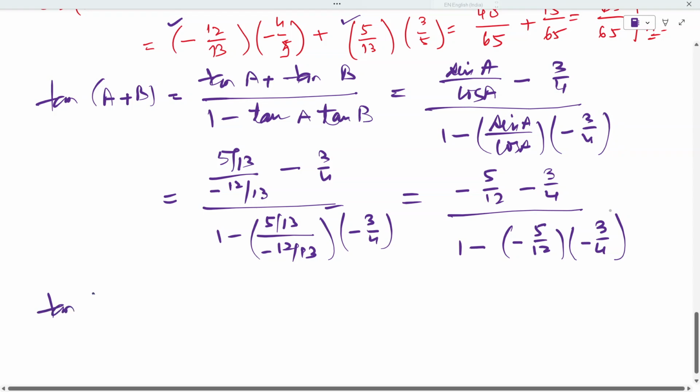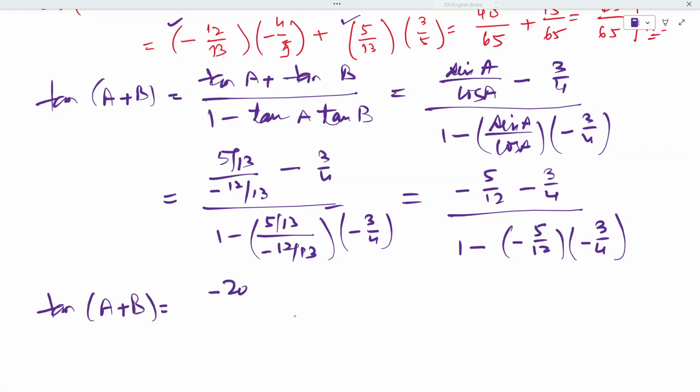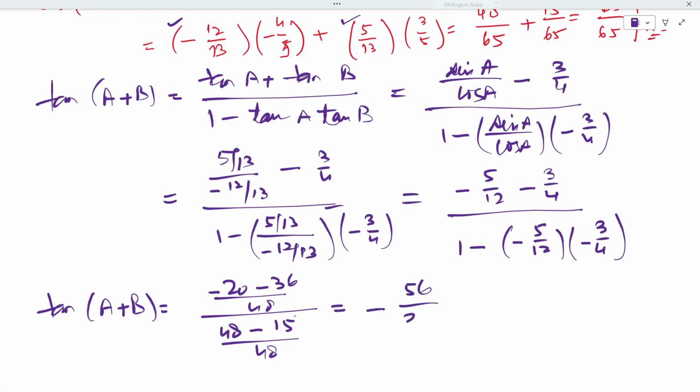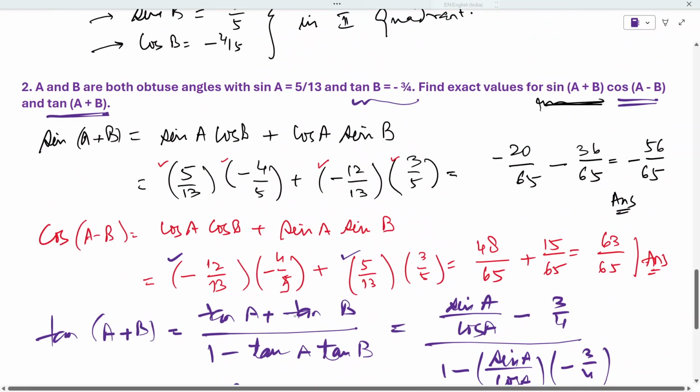So tan(A + B) is equal to (minus 20 minus 36) upon 48 upon (48 minus 15) upon 48. So this is equal to minus 56 upon 33. Answer. So the value of tan(A + B) has also been found out.